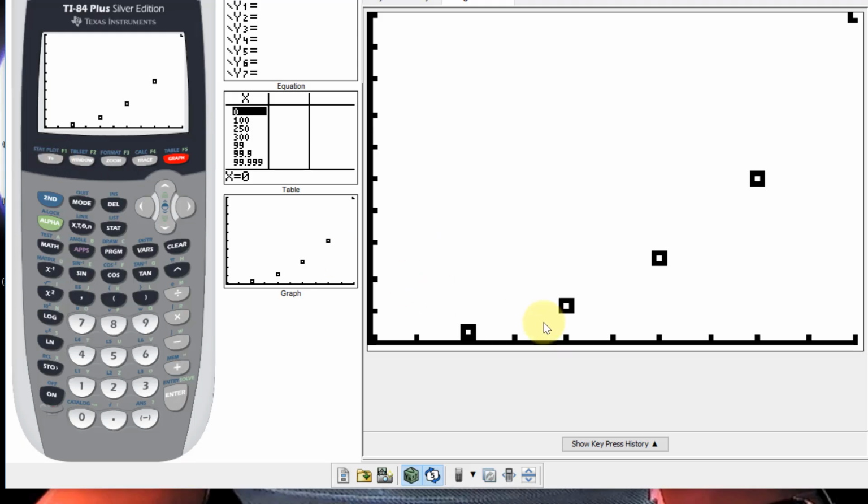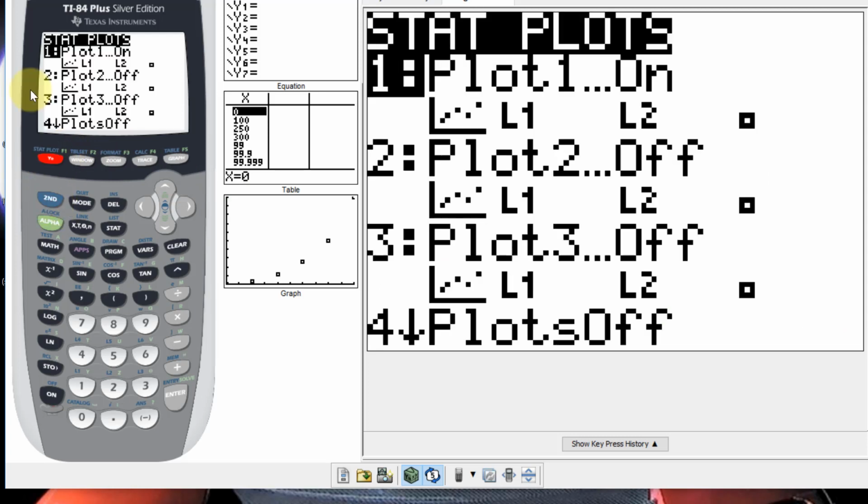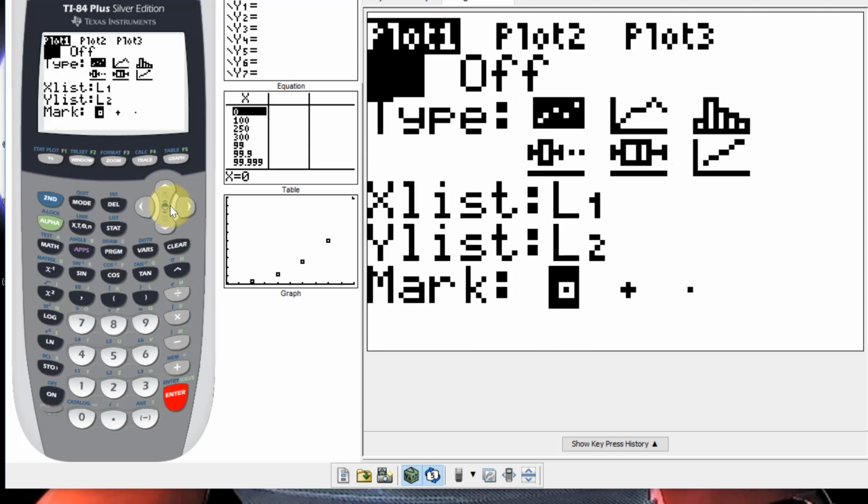So I noticed that in the graph that I pulled up, it looks like I have some data from a previous graph and I want to get that out of there. So let's go back to the stat plot and you could just turn that off right there. And that'll work.